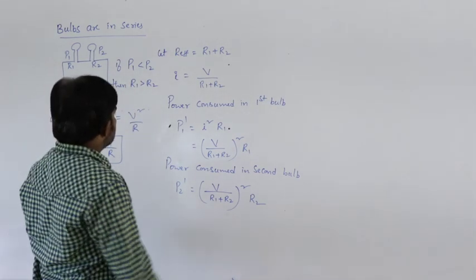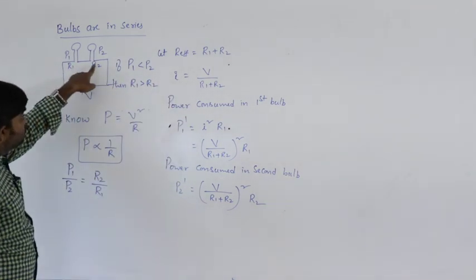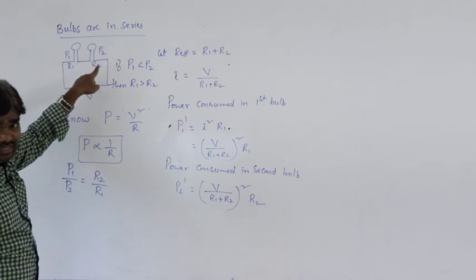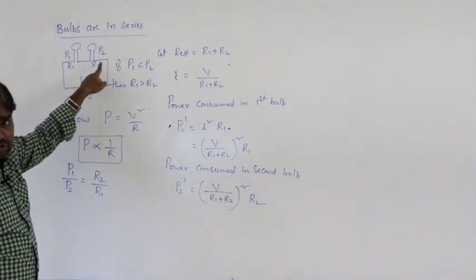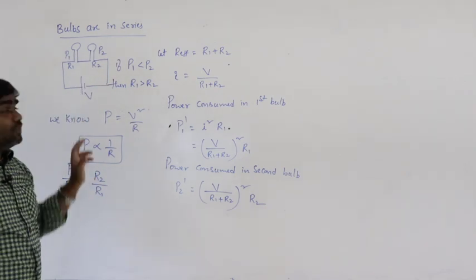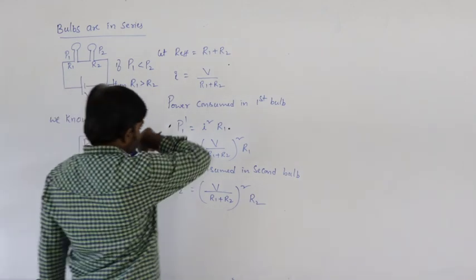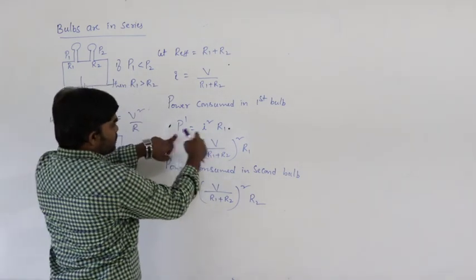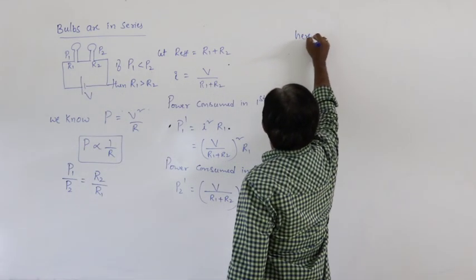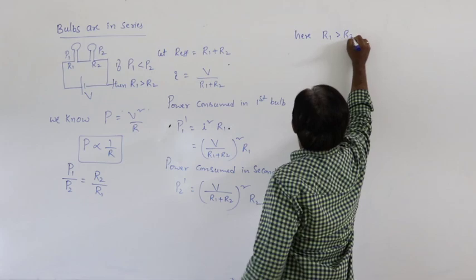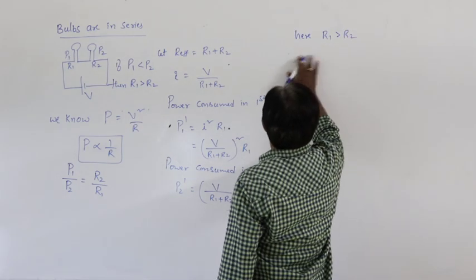Now, what we can say is that the current is common. The current flowing through these two bulbs must be the same because these two are in series. So for the power consumed in the first bulb, here we considered R1 is greater than R2, and I is the same in both.